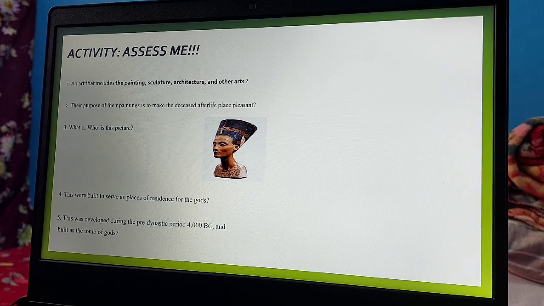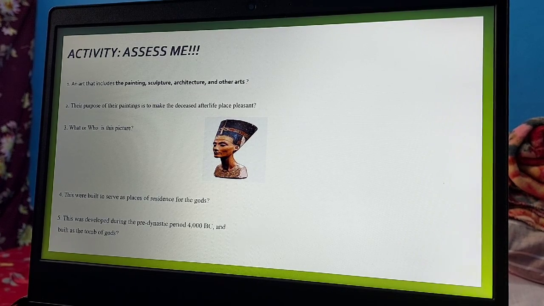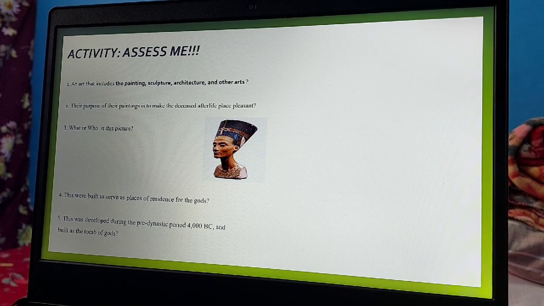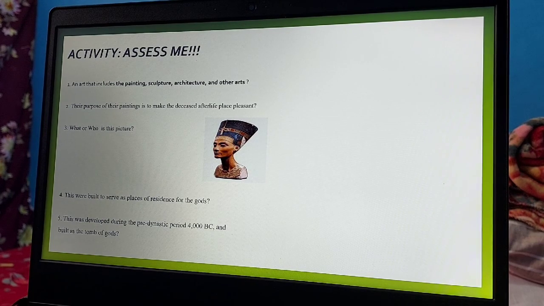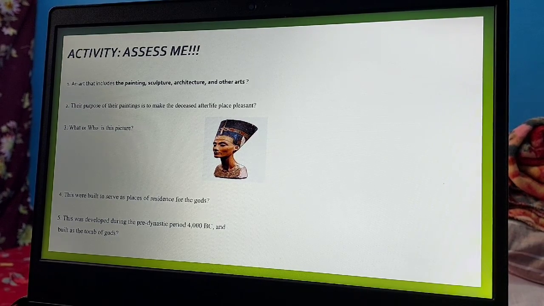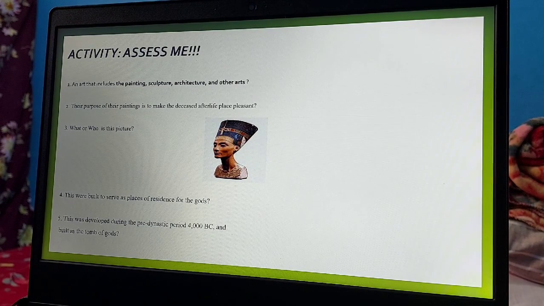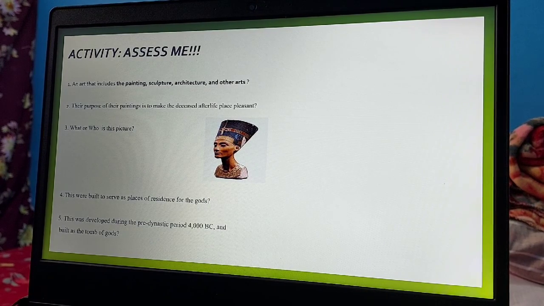So for the activity named Assess Me. Question number 1 is an art that includes the painting, sculpture, architecture, and other arts. Number 2, the purpose of their paintings is to make the deceased's afterlife place pleasant. Number 3, what or who is this picture?